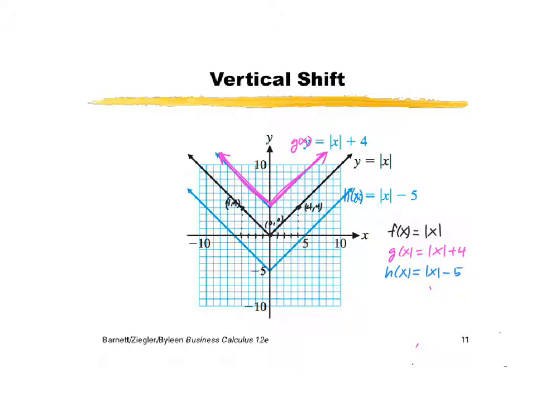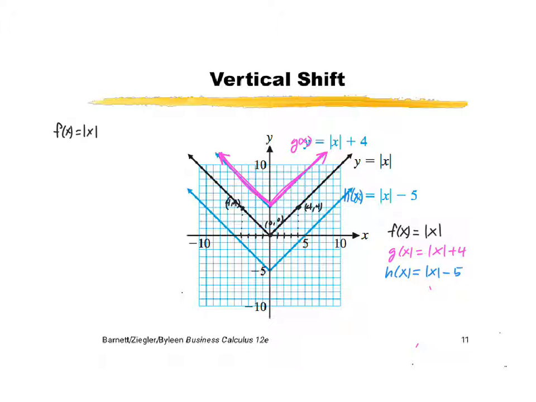Okay, so if I look at this in terms of the ordered pair, let's write the ordered pair down for f of x first. Okay, f of x is the absolute value of x.